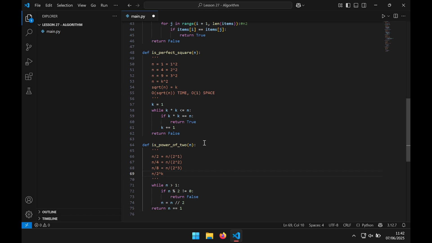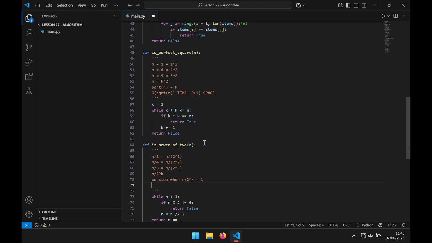which, as we said, we stop when n divided by 2 raised to the power of k equals 1.